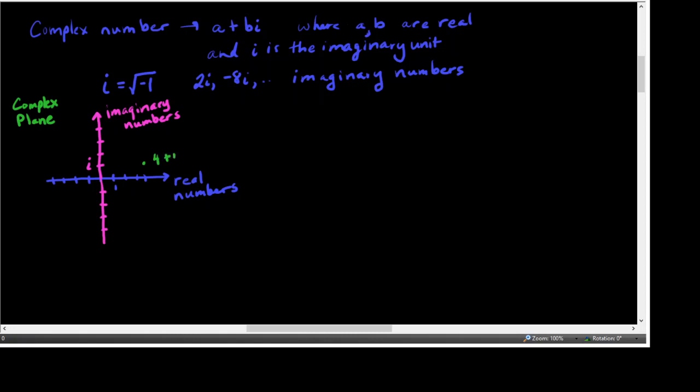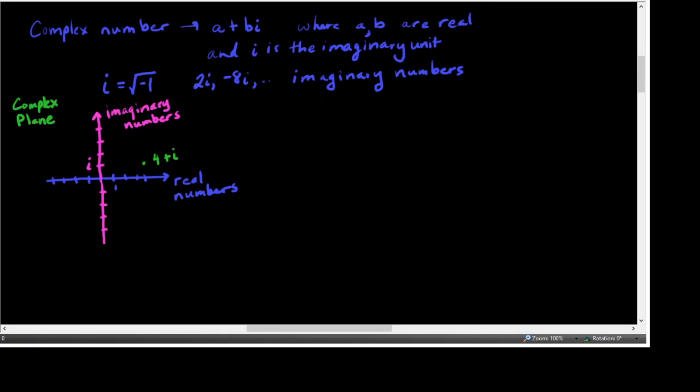So that number is 4 plus i, and it's represented. It's not a real number, so it's not on the real number line. It's not an imaginary number, so it's not on the imaginary number line. It's in the field away from those two axes, and it's at a place where the real part and the imaginary part are both represented.